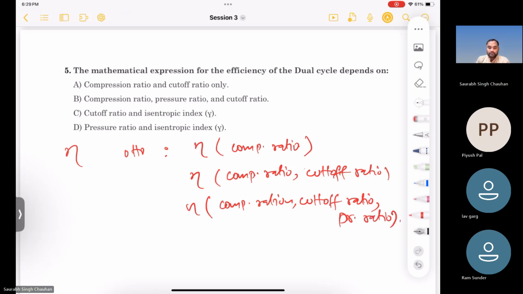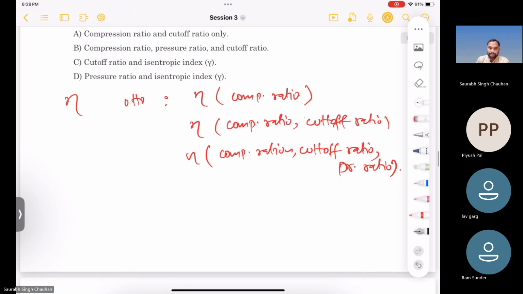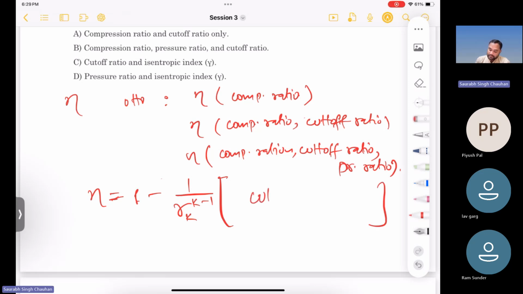Correct? If you want to write the mathematical expression, it is 1 minus 1 divided by r to the power k minus 1, times a term that depends on the cutoff ratio and a term that depends on the pressure ratio.